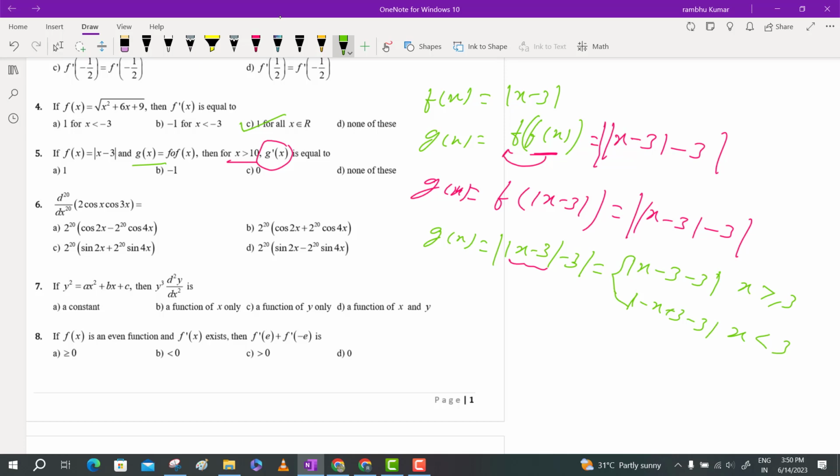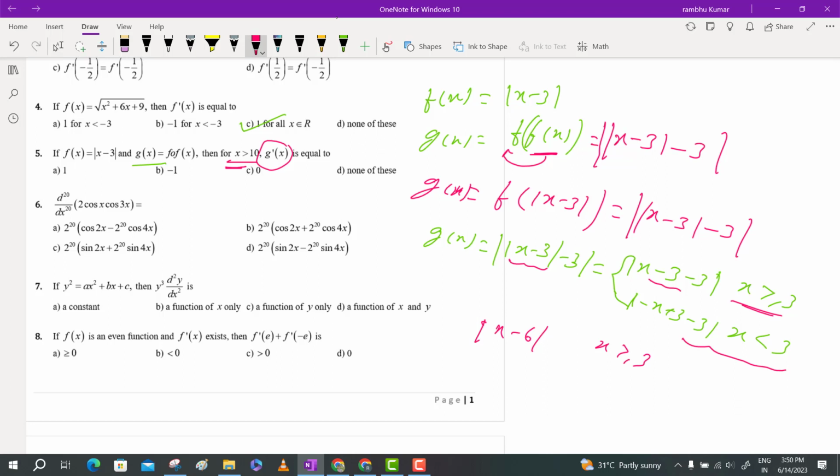Okay, now next thing. In the question they have given x greater than 10, which means now we can neglect this particular condition and consider this one. So for this one we will have x minus 6, for x greater than 3.